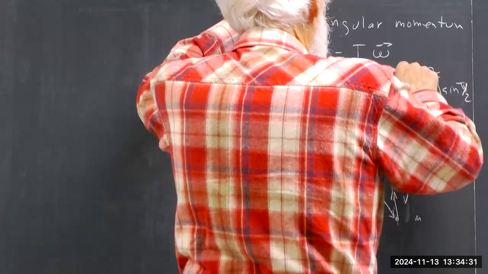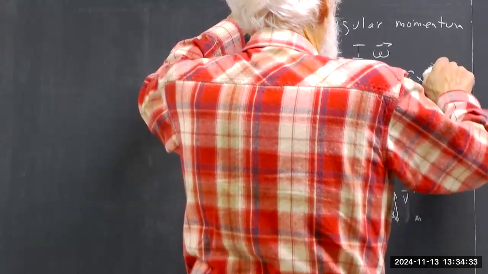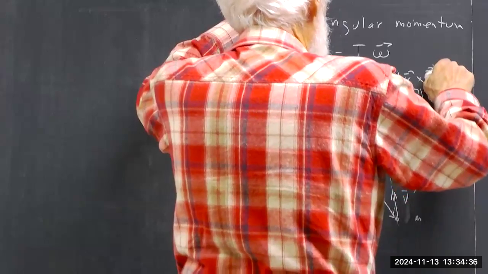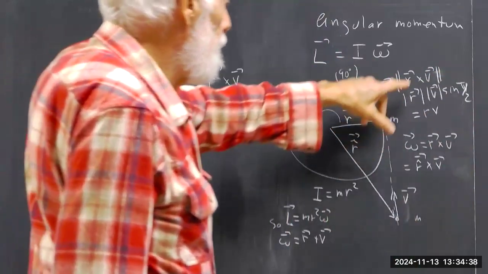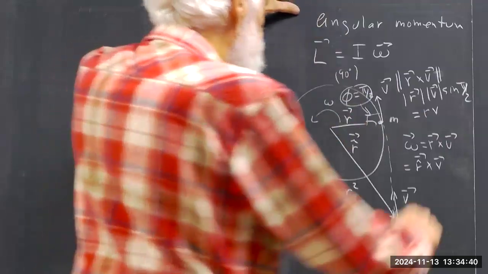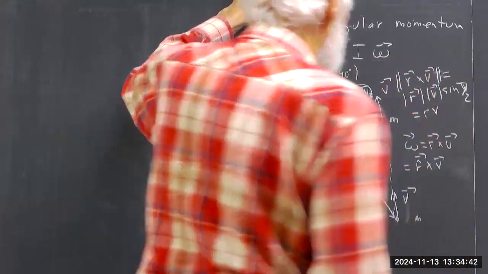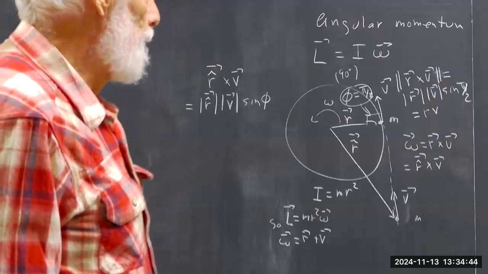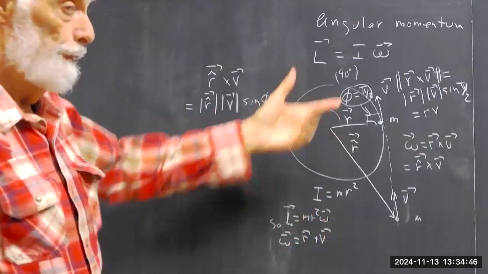Now I should have had absolute value signs or norm signs. Okay. It's RV in the direction of R cross V.